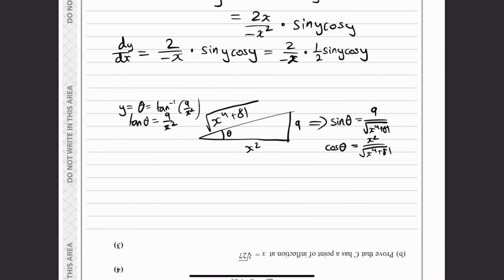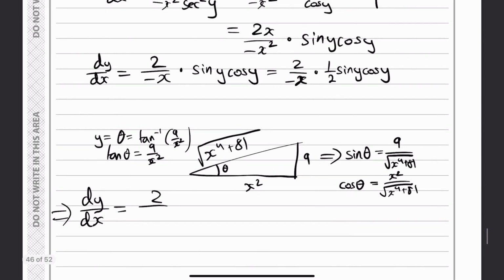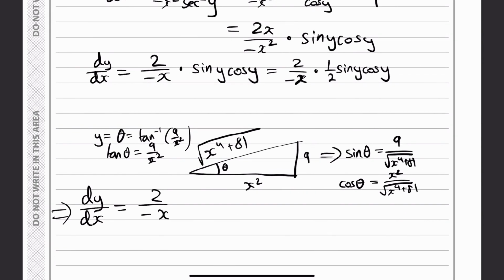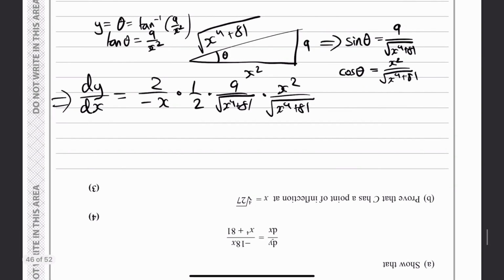Rub that out. Okay, so now we finally get dy by dx is equal to 2 over minus x multiplied by 9 over this plus 81 multiplied by x squared over this. Okay, get a bit of cancellation.